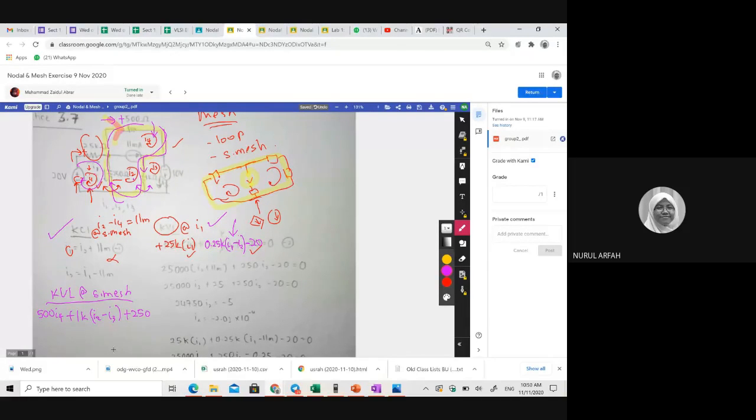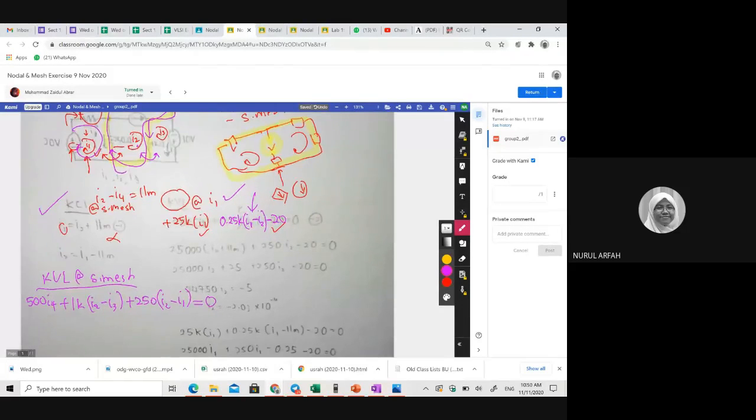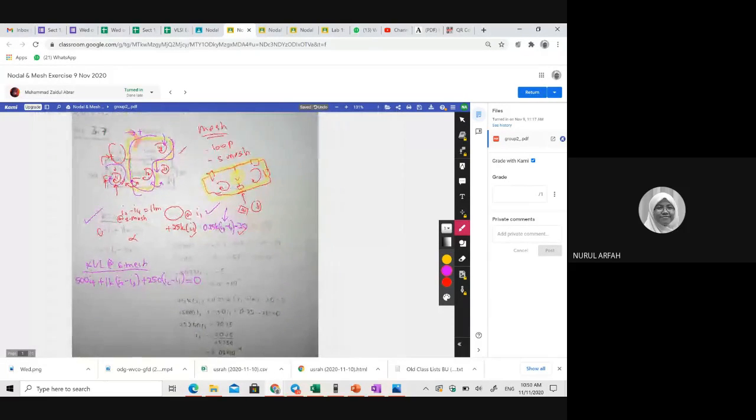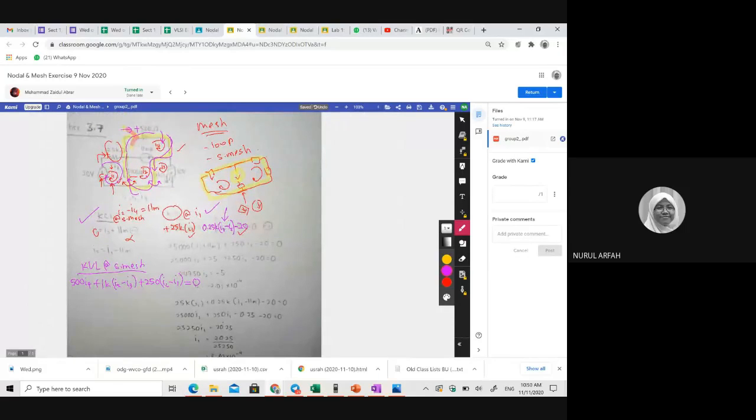You are focusing on I2 first, so I2 minus I1, which the 250 ohms shares with. Then you go back to the 500 ohms and close it, equal to 0. Then you will get the equation for KVL at the super mesh. So far, so good.